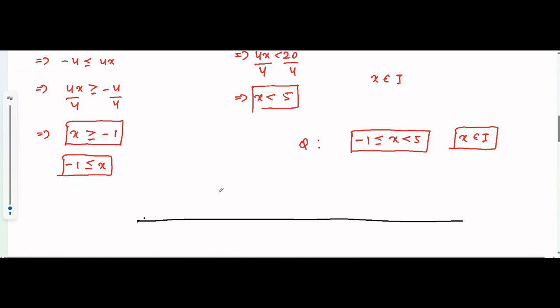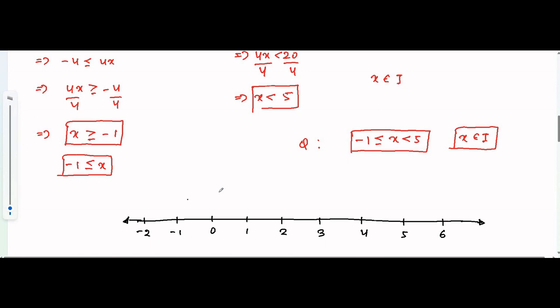So minus 2, minus 1, 0, 1, 2, 3, 4, 5, 6. Here make a mental note that we are talking about integers, not real numbers, so it will be different. So distinct integers.